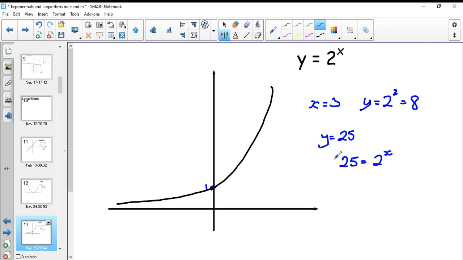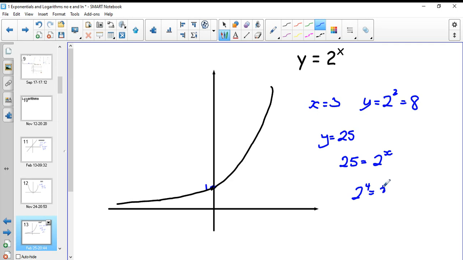Up to now, you wouldn't be able to do this because there's no integer that will give 25. 2 to the power 4 is 16. 2 to the power 5 is 32.